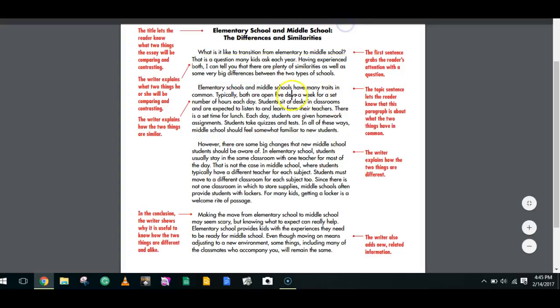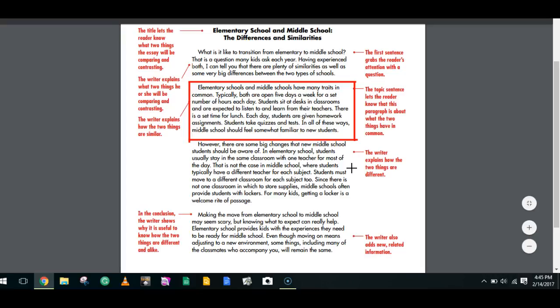So let's move on to the first body paragraph. And so I'll take the time to draw a square to help focus our attention on the body paragraph that we are going to kind of dissect. I want to give you a moment to read it. Read it to yourself in your head.